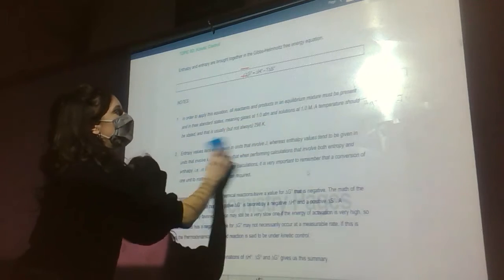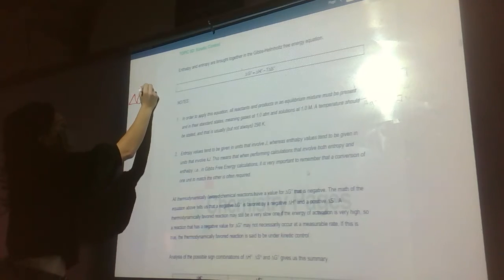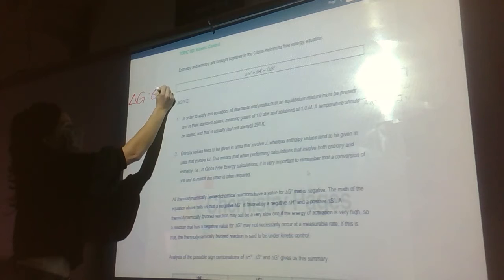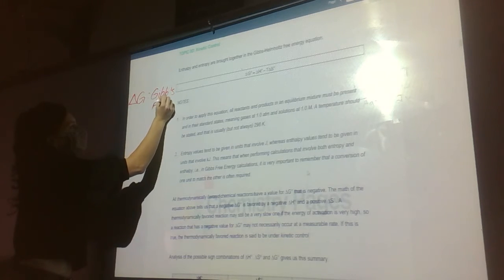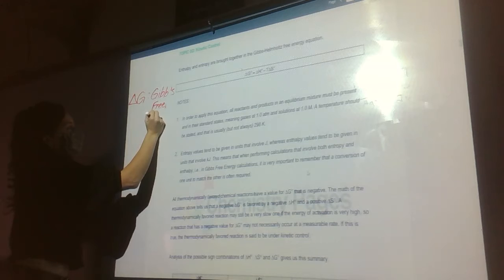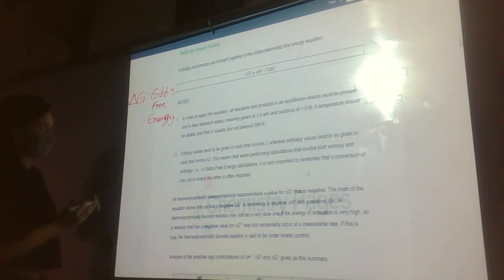All of this that we know so far, enthalpy and entropy, come together into something called Gibbs free energy. Gibbs free energy is the combination of enthalpy and entropy that's happening in a reaction.